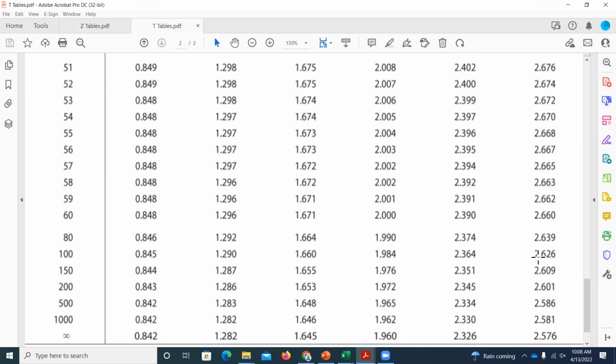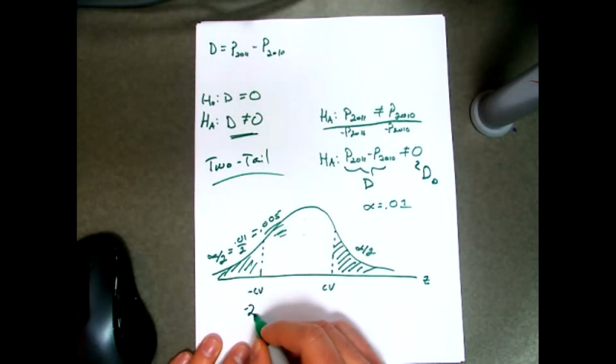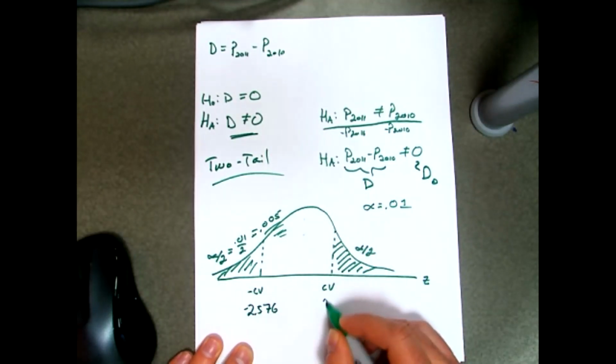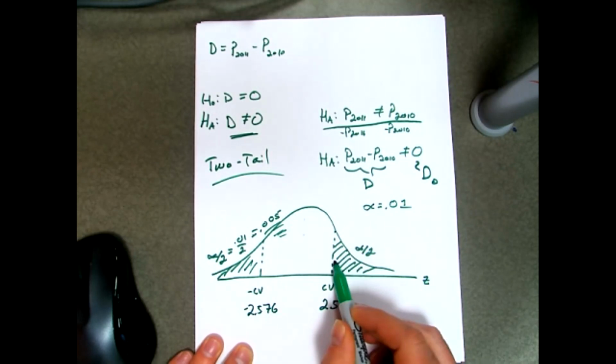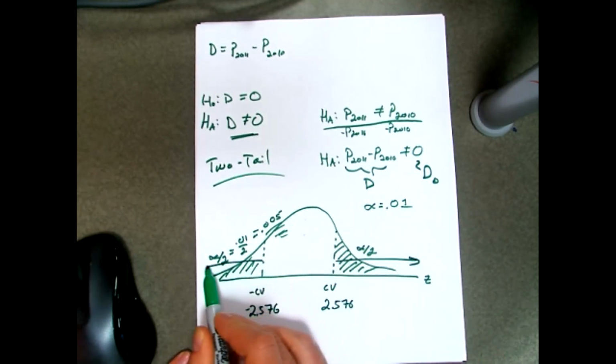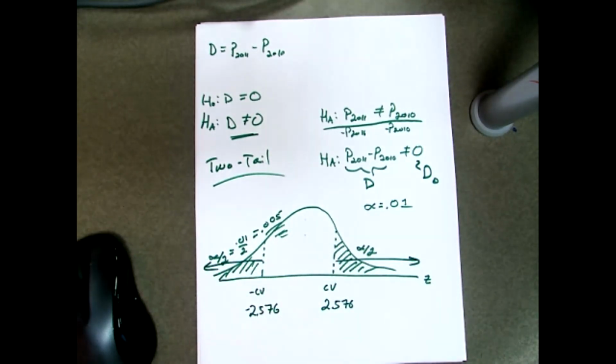Okay. So I just found these critical values. Thinking about my rejection regions here is going into the tails in either direction for this two-tailed test. Any questions on that before we keep moving? Okay.